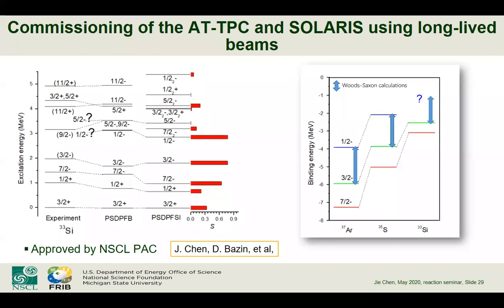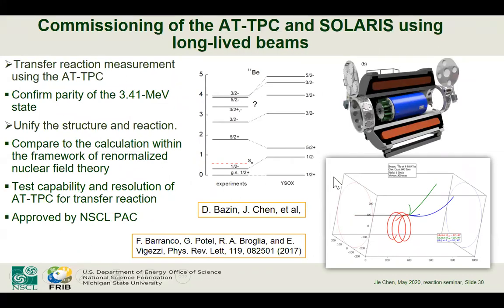With this reaction, we can also probe the l=3 spin-orbit splitting by using the excitation energy difference between the 5/2 and 7/2 states. We also want to commission the ATTPC using one-nucleon transfer reactions on the long-lived beam of beryllium-10.